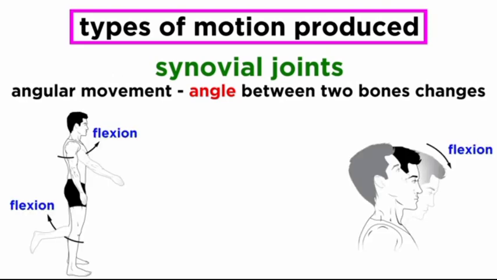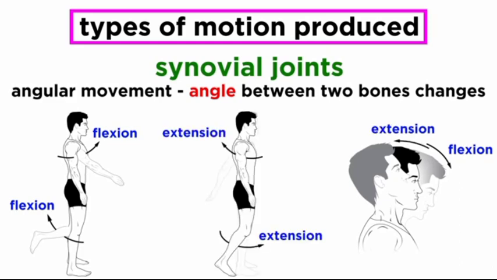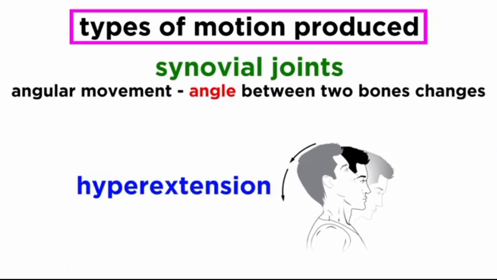An example of this is flexion, which decreases the angle of the joint, like when bending the head forward, or bending forward at the waist. The opposite of this is extension, which increases the angle of the joint. Straightening your neck or elbow or knee will achieve this. And hyperextension goes beyond this, like when bending your head back, bending backwards at the waist, and so forth.